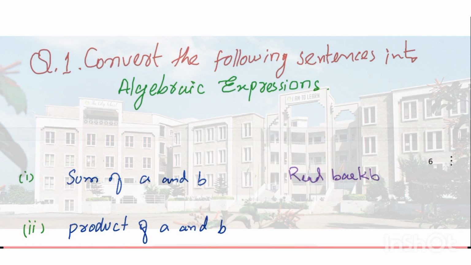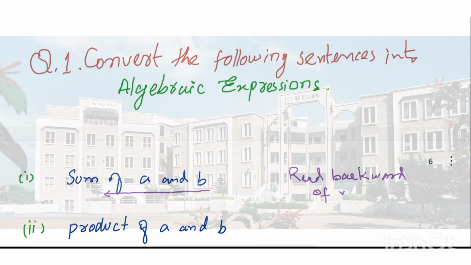We have to read backward, like we'll be reading from this side, and then we'll be focusing on of. So of means bracket. So that's why we'll be replacing this of with bracket, and then we'll see that of is representing of what thing. So now I'm translating this.